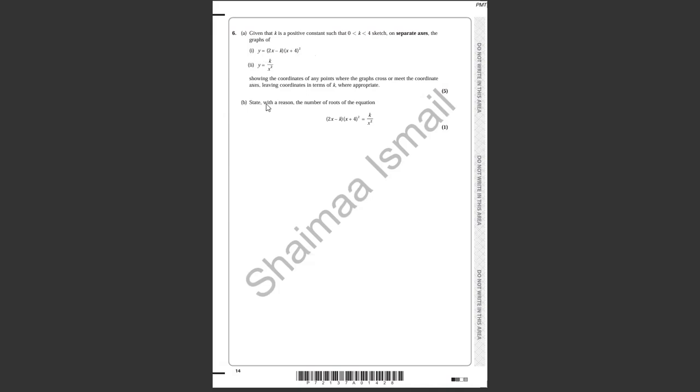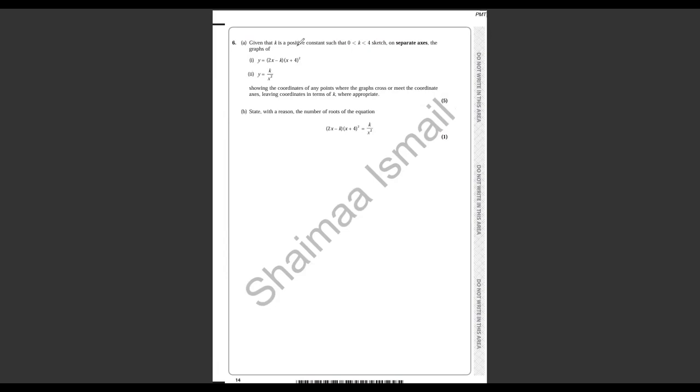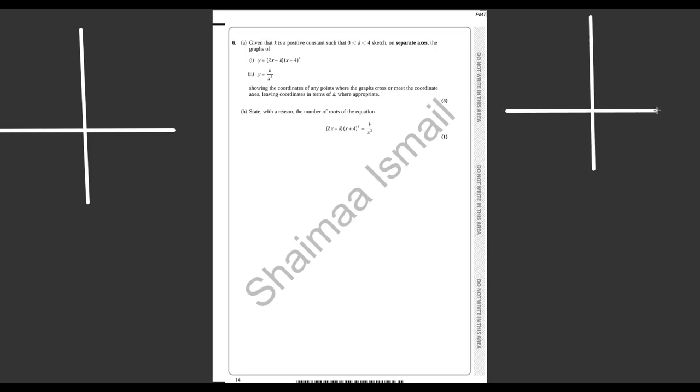So we have two different axes with two different graphs. For any graph we need the y-intercept, the x-intercept, and the turning point, if it is a quadratic or something like that. So we need at least 3 points if they are available. Sometimes the x-intercept or the y-intercept is not available.